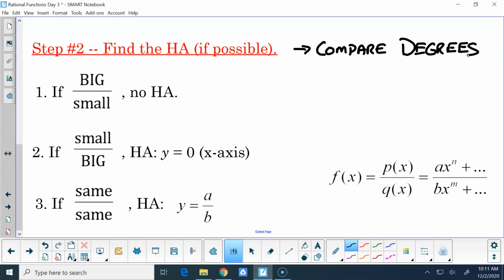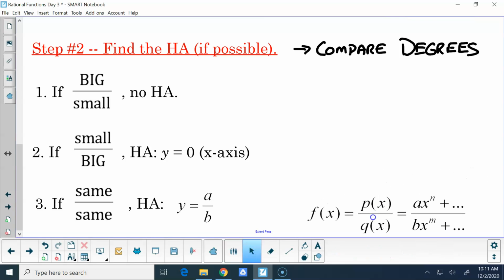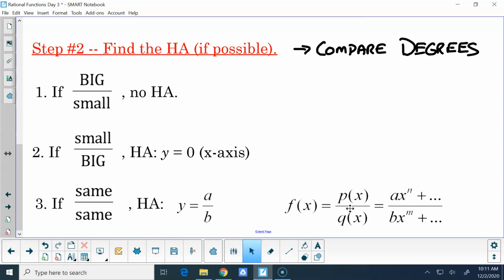Small over big, y equals 0. If it's the same, y equals a over b, and a and b come from the lead coefficients of our numerator and denominator.